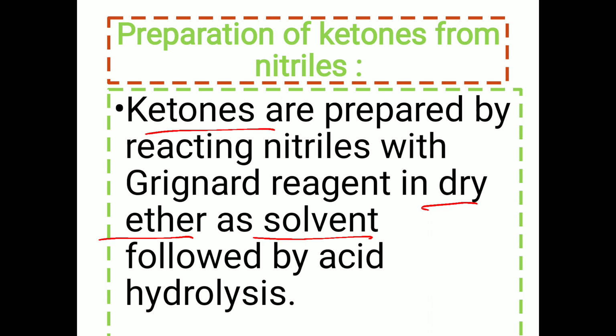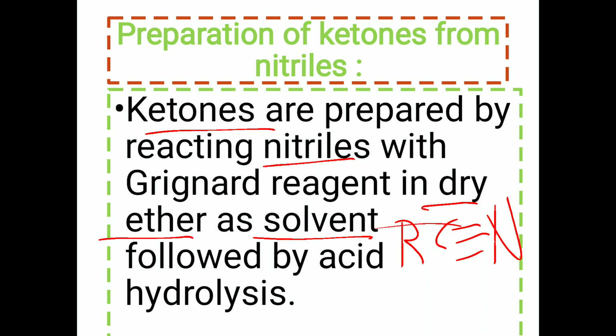Ketones are generally prepared by reacting nitriles, R-C≡N, which is the general formula for nitriles, with the Grignard reagent, that means RMgX in dry ether as a solvent, followed by acid hydrolysis.